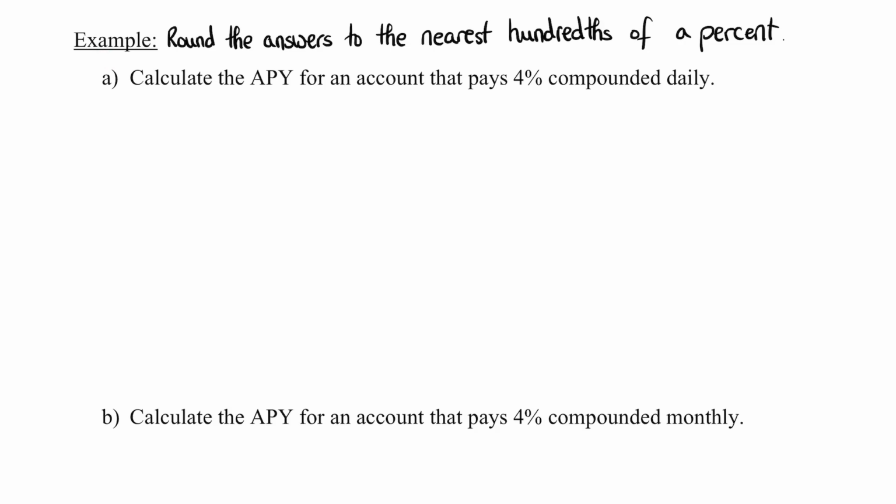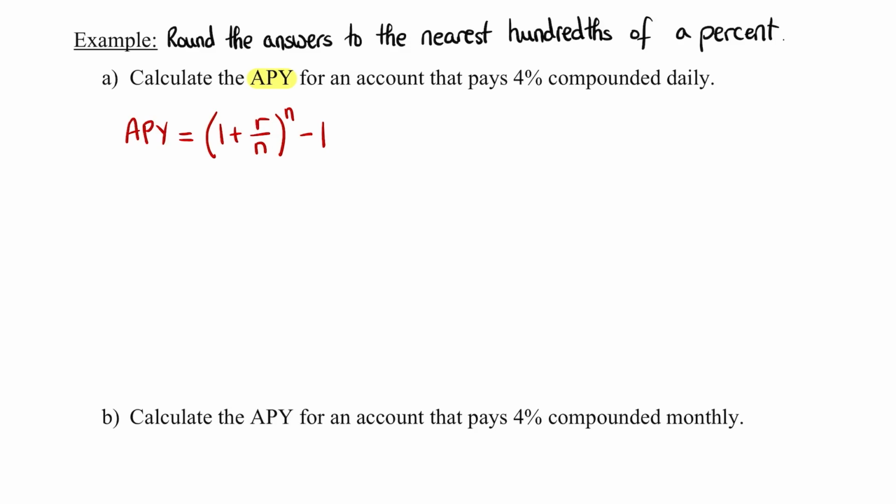Next example, question A. Calculate the APY for an account that pays 4% compounded daily. They're asking for the APY, so I'm going to use the APY formula. APY equals 1 plus R over N raised to the N minus 1.